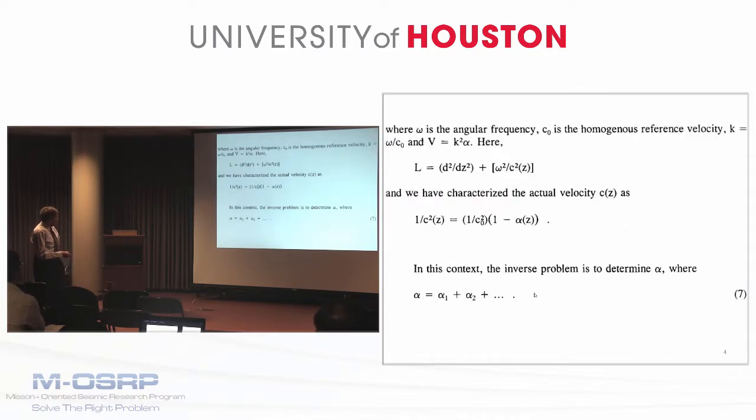And you have this operator, and as usual, we're going to expand alpha as alpha 1 plus alpha 2, where alpha 1 is the portion of the difference between actual velocity and reference velocity that's linear in the data, alpha 2 quadratic in the data, and so on.